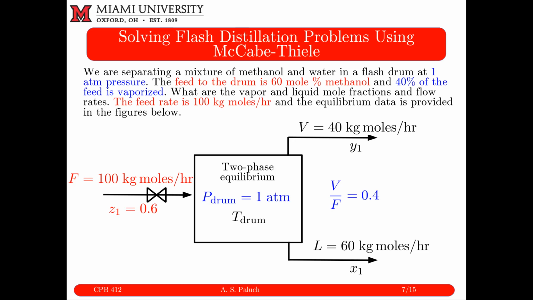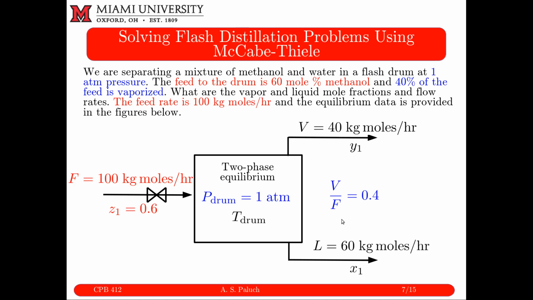Okay. All right. Now, how do we accomplish that? Well, if you think back to when we talked about the lever rule, I know that I can think about V over F in terms of the lever rule, and how I can relate this ratio to ratios of compositions. Okay. And so in theory, what I could do is go to my TXY phase diagram and guess a temperature.